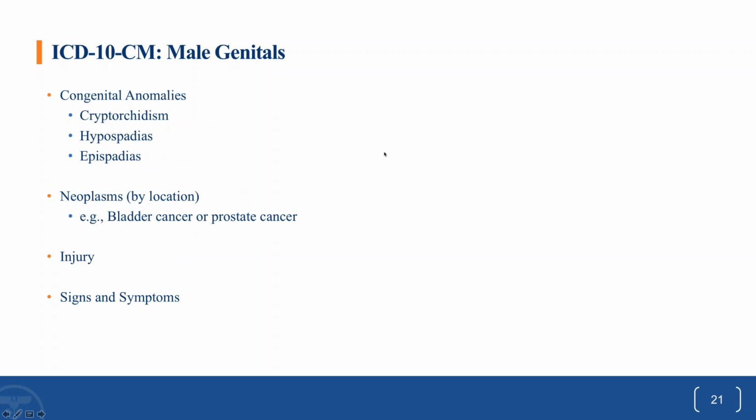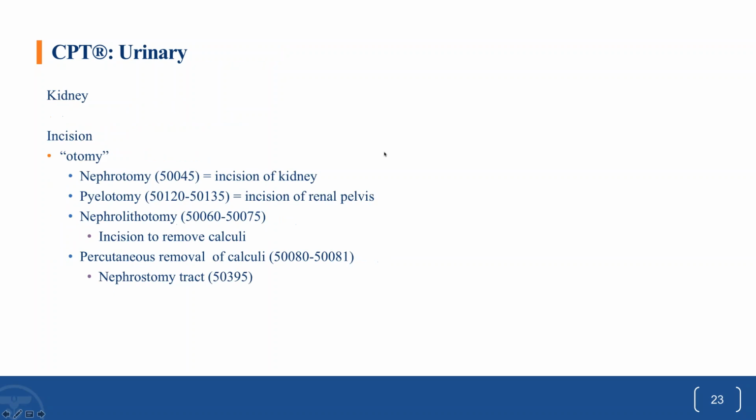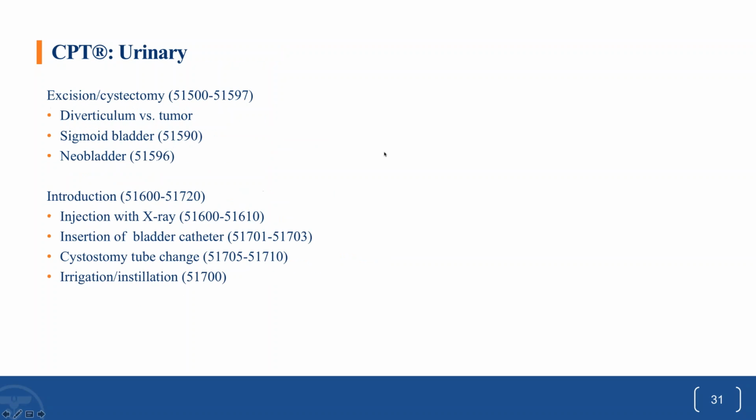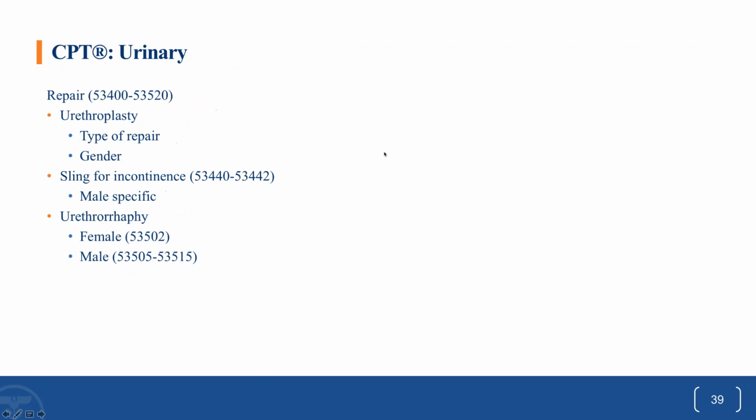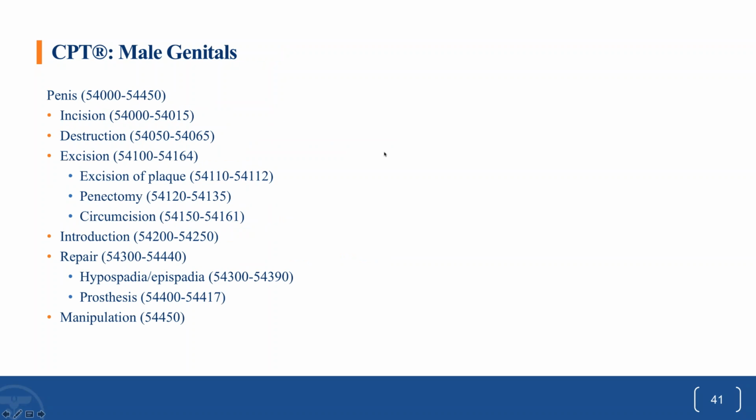I just want to get to, this is urinary. I did that already. I want to get through to the male. All right. So again, I'm not going to go through each one of these that's listed on the slide because these are broken into the categories on page 339 and 340.